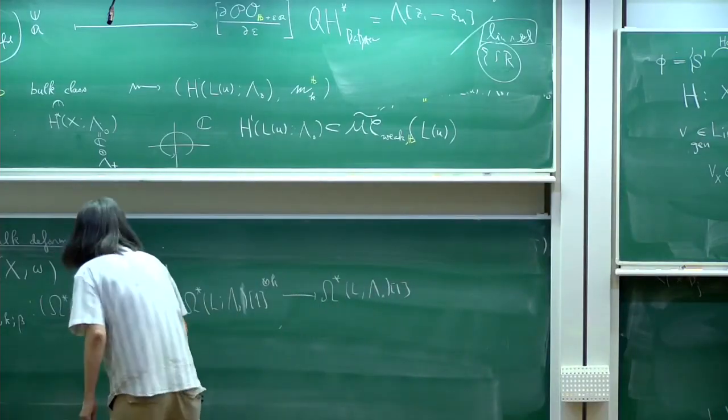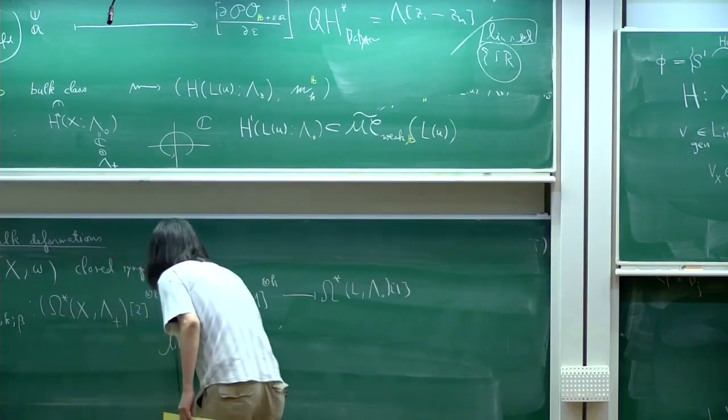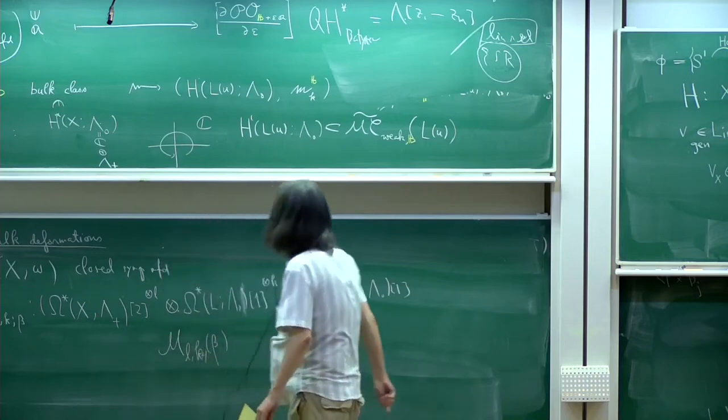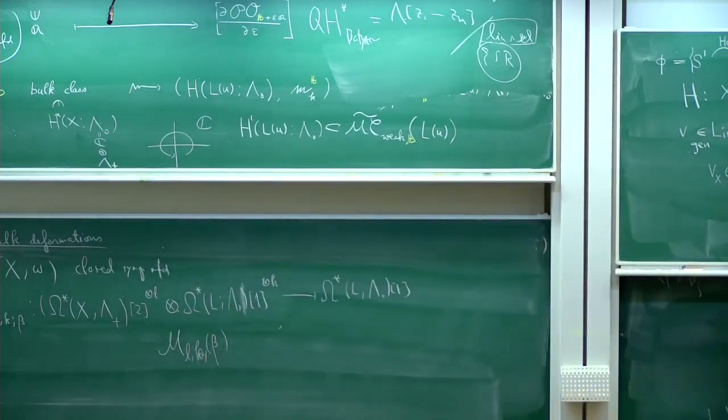And so we consider the moduli space of bordered stable maps of genus 0, representing class β, with k plus 1 boundary marked points and l interior marked points.